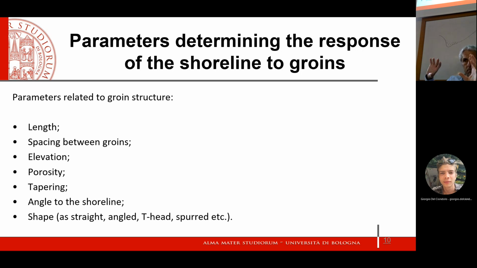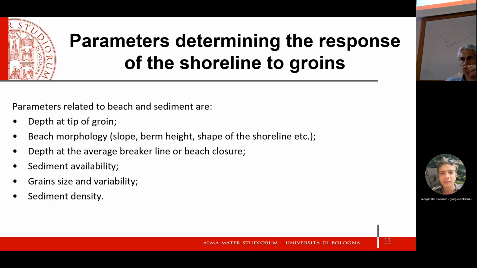So now let's better inspect what are the dominant features, depending on the context, and how we can quantify the effect of each of these parameters. There are parameters related to beach and sediments, the second category. So the depth at tip of groin, tip is a synonym, as I said, for head.